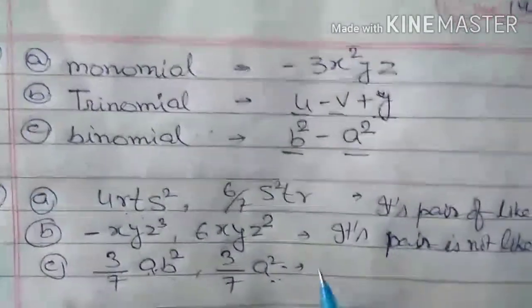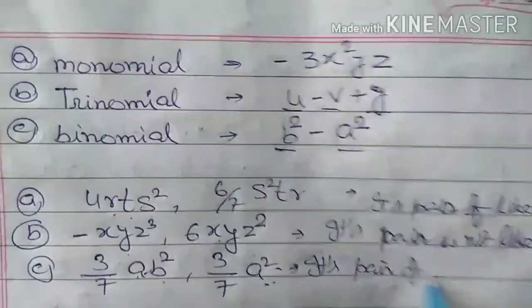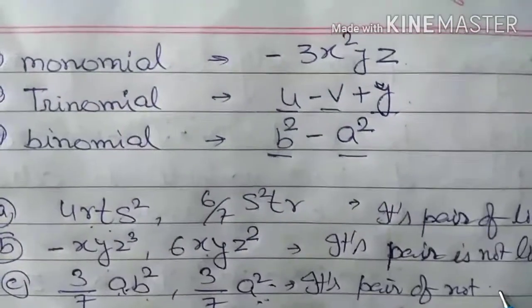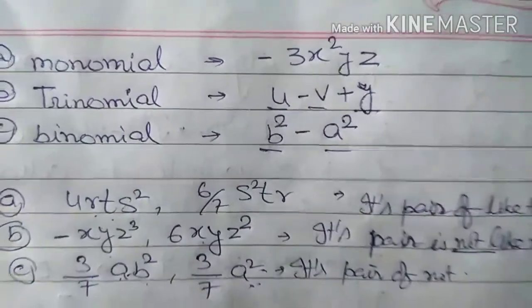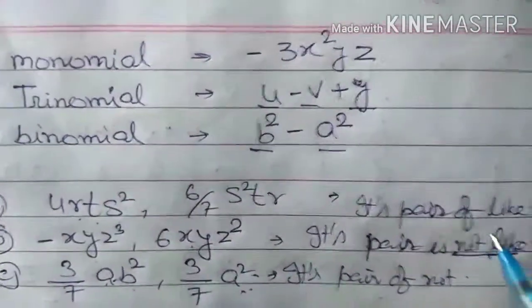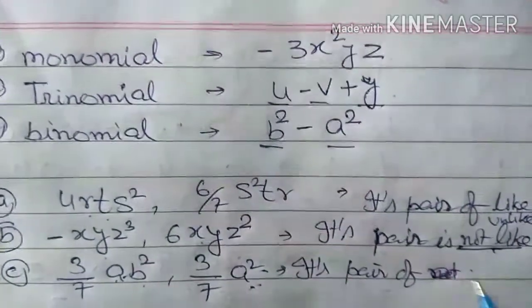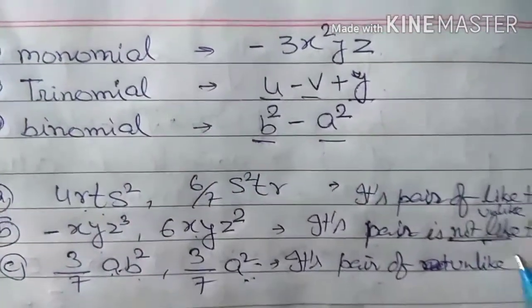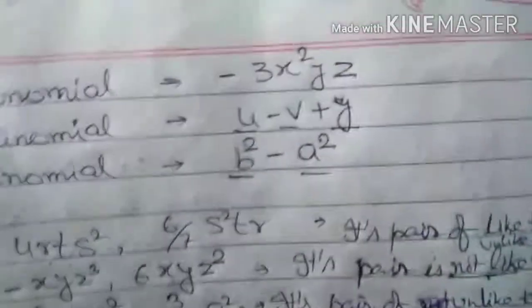So we can say that this is a pair of unlike terms, not like terms. So we have to find only the like terms.